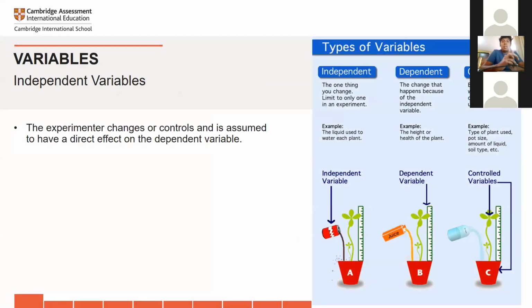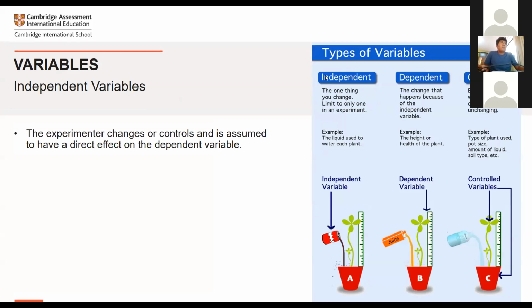We have independent variables, which, as you know, are the ones that the experimenter changes or controls, and they are assumed to have a direct effect on the dependent variable. For example, we might change the type of information.